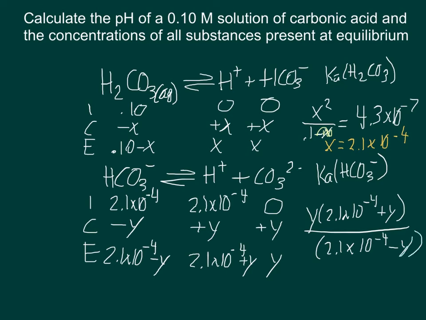Now again, you can go ahead, plug this in, set that equal to Ka for HCO3 minus, which happens to be 5.6 times 10 to the negative 11th.